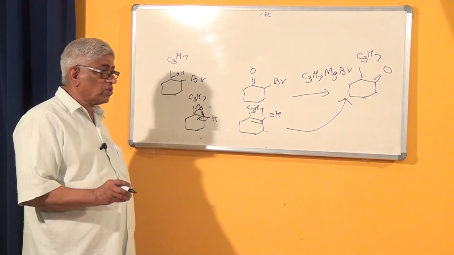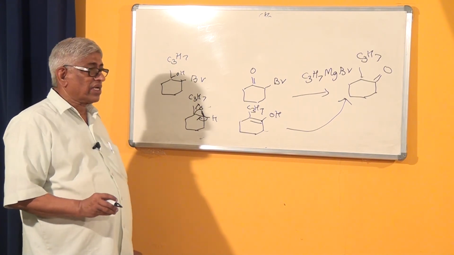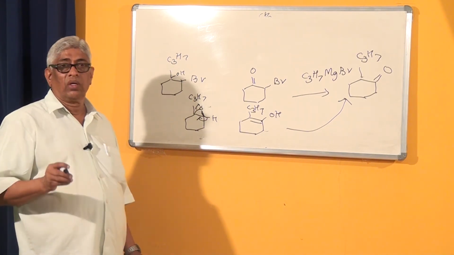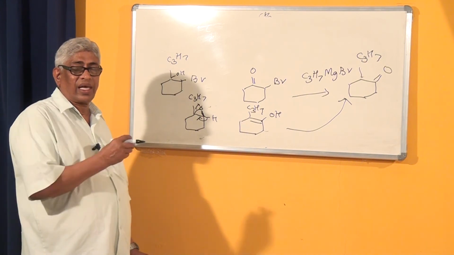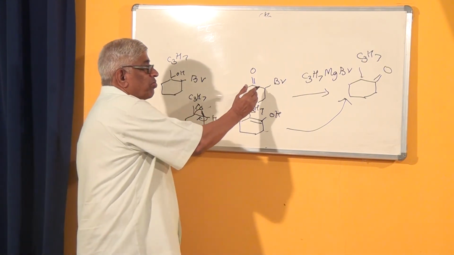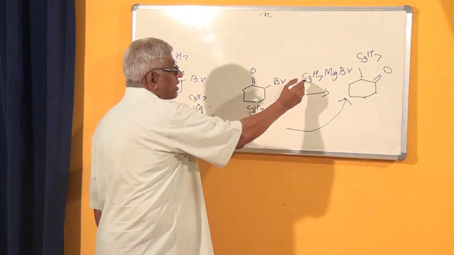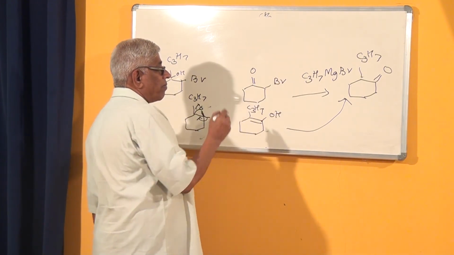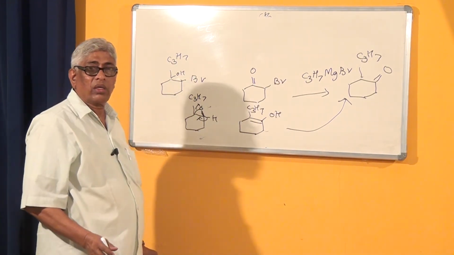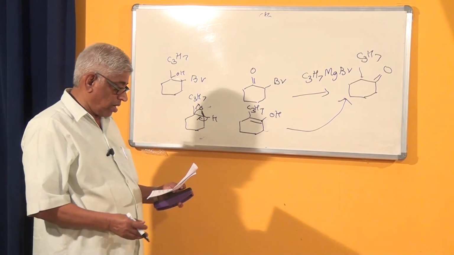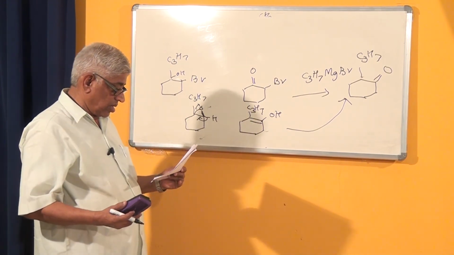So we classify the reactions as to whether they are 1,2 additions or displacement reactions. In this case, if you say that it is a simple displacement of Br by C3H7 minus, that is a little bit wrong. Like that we can have a number of such reactions.